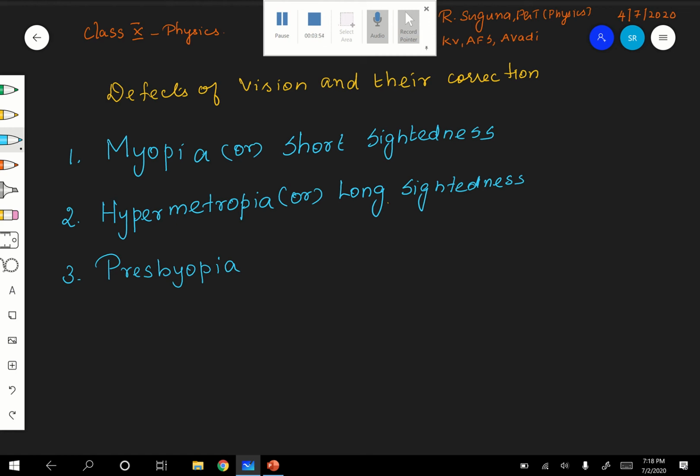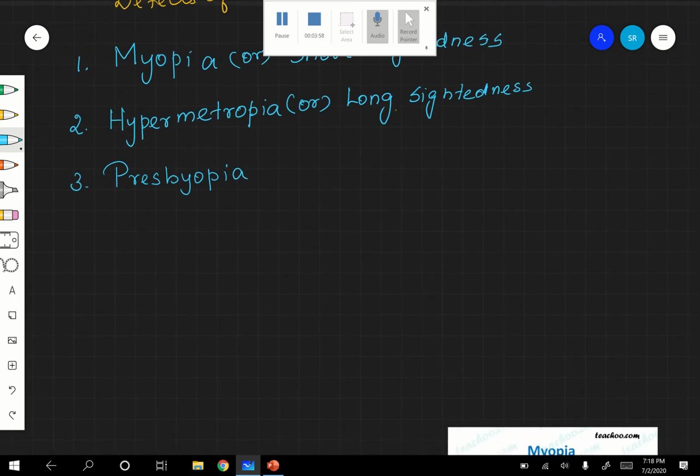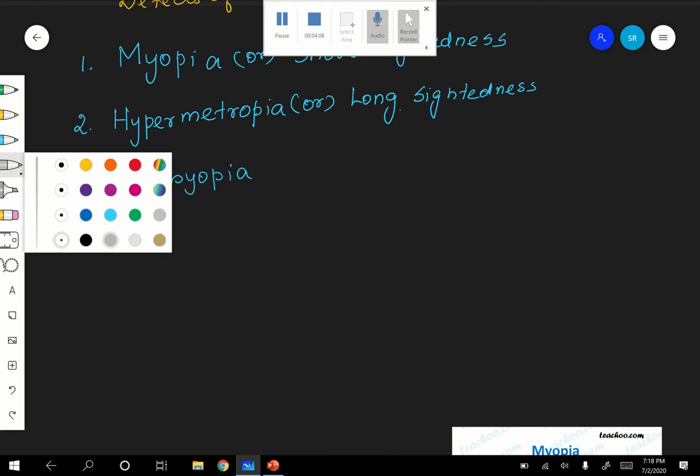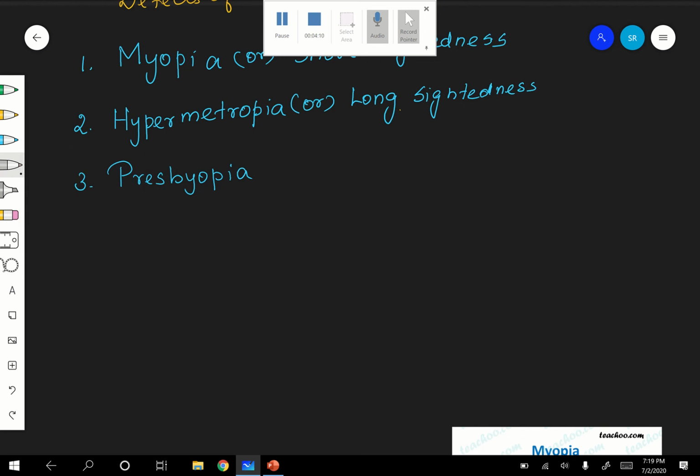To start with, let us go to the first one, myopia. What is myopia? Myopia, or short-sightedness, that is what is called myopia.